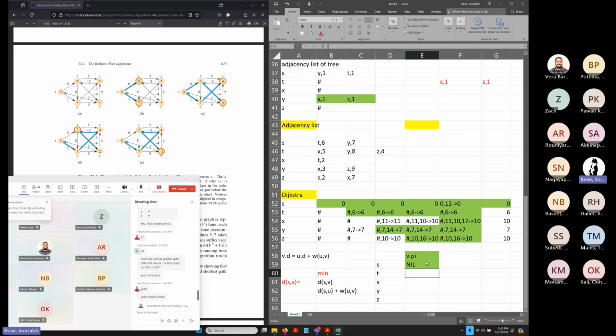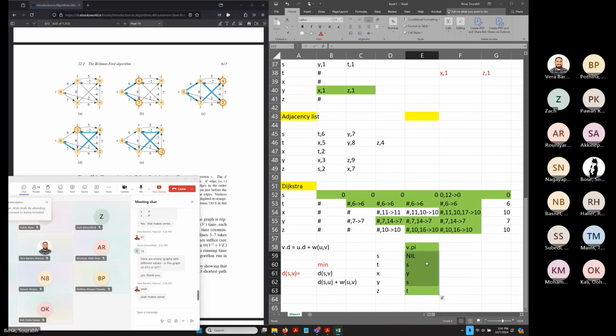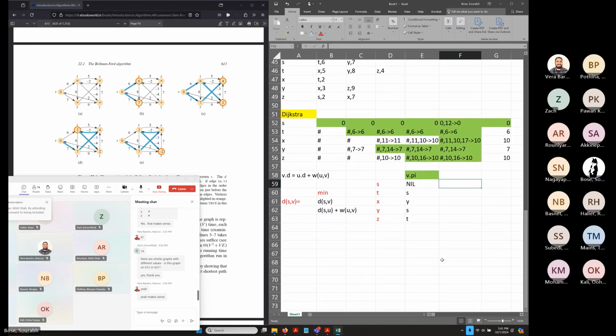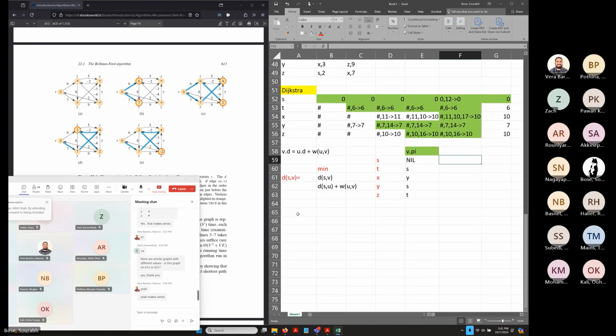T's parent is S. Y's parent is S. X's parent was via Y, I think, so Y. And Z's parent was via T, I think, so T. So that would be the parent graph of this thing, which you can use to print out or list out the actual graph as well. This tree is different from this tree though, isn't it? Anywho. Any questions about Dijkstra? Cool.